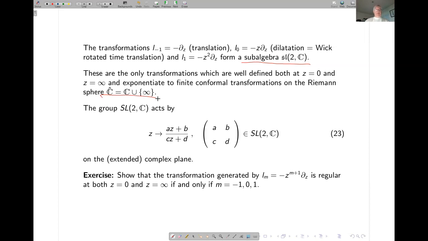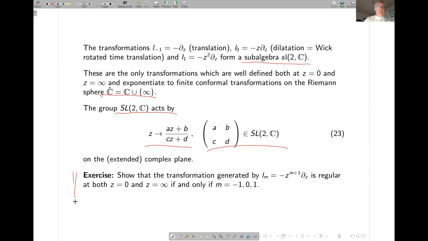And if you write the corresponding group action, so these are now finite transformations, then on the extended complex plane, meaning the complex plane allowing the value z equals infinity, these act as fractional linear transformations where the coefficients a, b, c, d form an SL(2,C) matrix. And of course, SL(2,C) matrices are unimodular. So there's one relation between the 4 entries, and only 3 independent entries corresponding to our 3 generators.